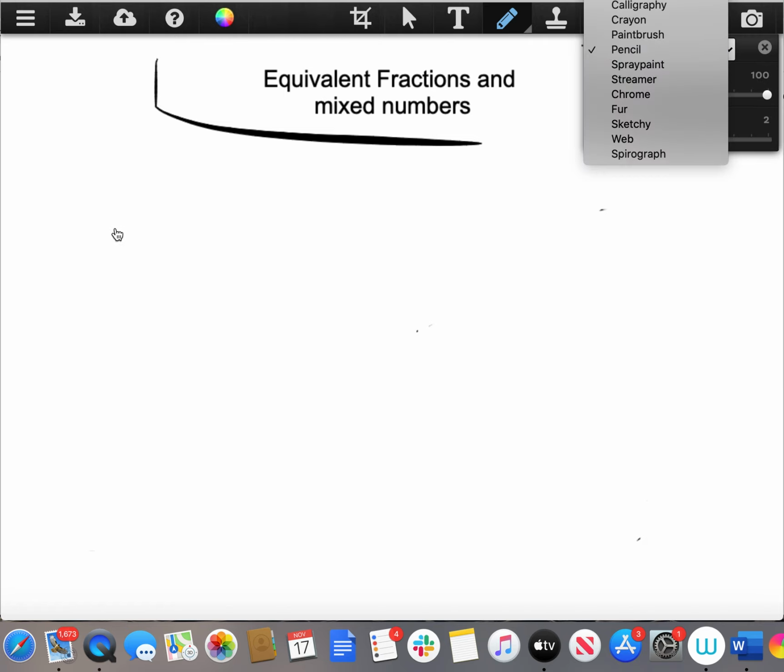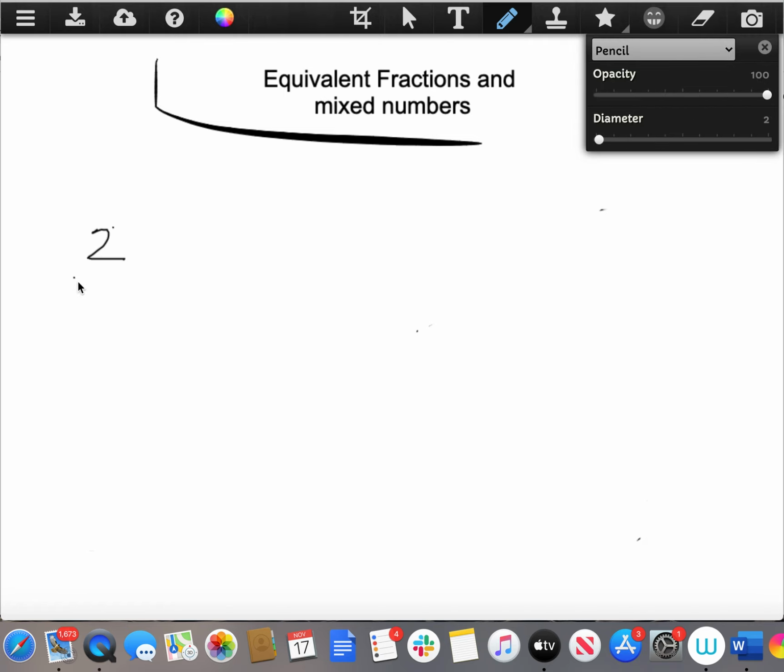So 2 over 3 and 6 over 9. If you're asked to determine if they're equivalent, remember you can always cross multiply. We'll just go ahead and do that. 2 times 9 is 18, and 3 times 6 is 18. To me, that's the easiest way. But you can also make common denominators.